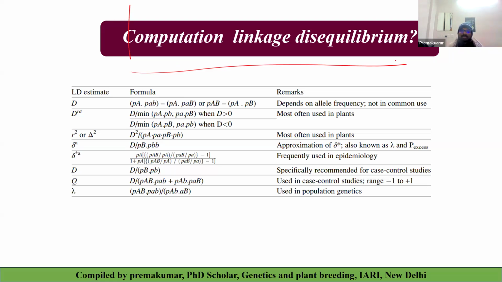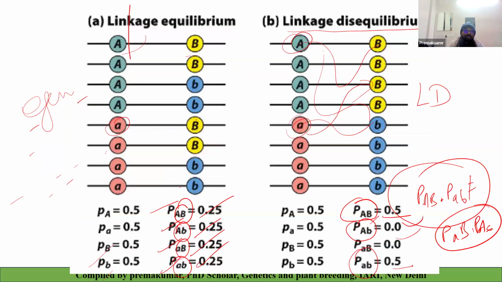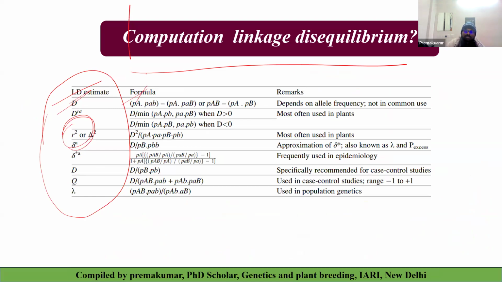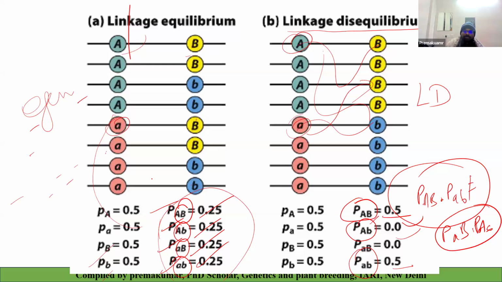Then how can we detect linkage disequilibrium? There are several methods to estimate linkage disequilibrium, either D value based, D prime, or the R square method. There are many, but D prime and R square are mostly used. For example, how to estimate D? We just take this formula. Here there will be a frequency we know, and the genotypic frequency we are going to know. We check the probability of A, how much? Probability of A is 0.5.